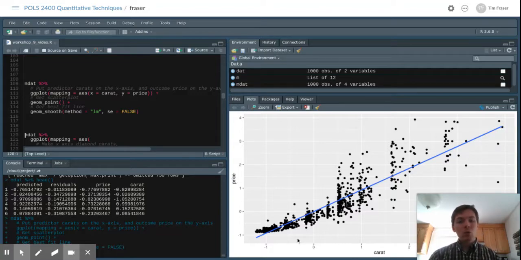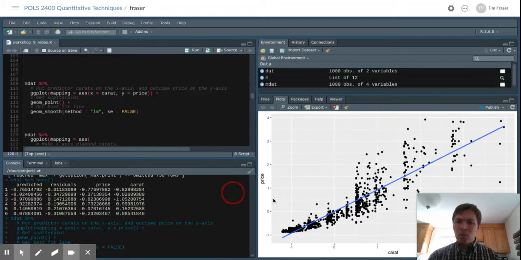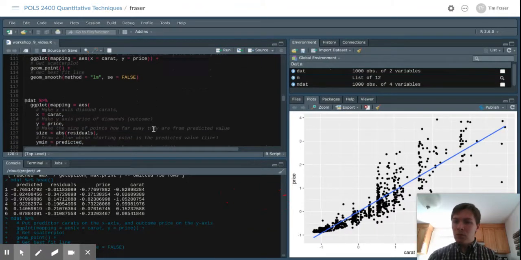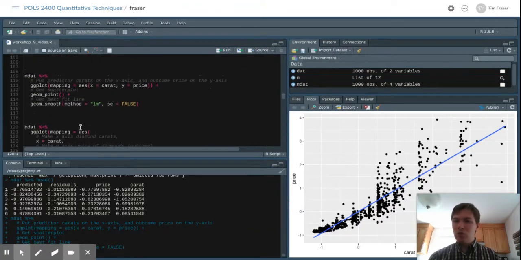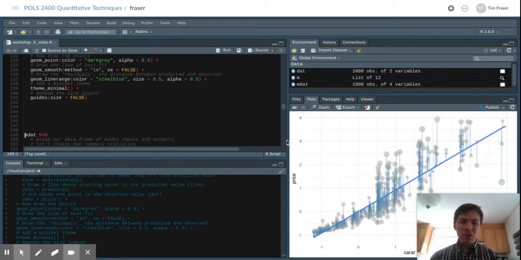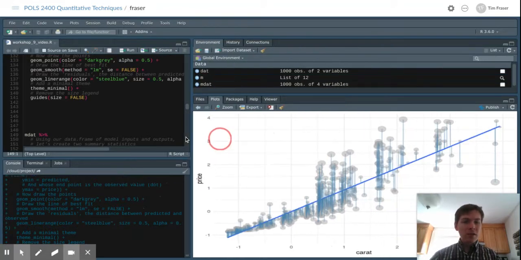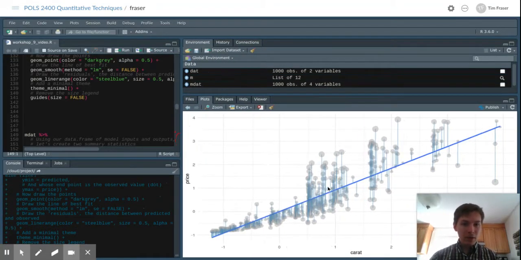So we can see, okay, this blue line, these are our predicted values. These dots are the price by carat, okay? And the ones that are further away from the best fit line have bigger residuals. Okay, so that's useful. Just as a second check, let's observe those residuals a little better. Same line, same data.